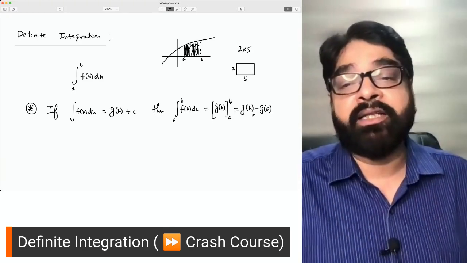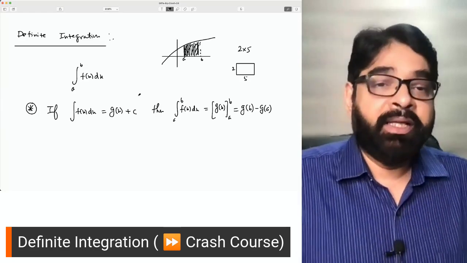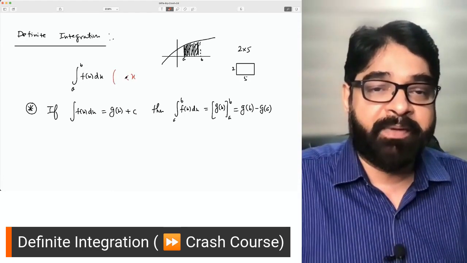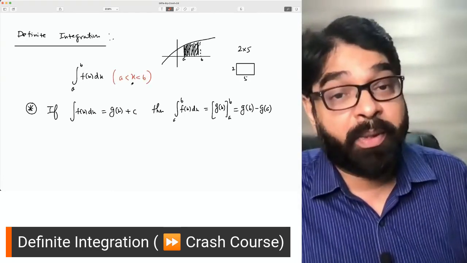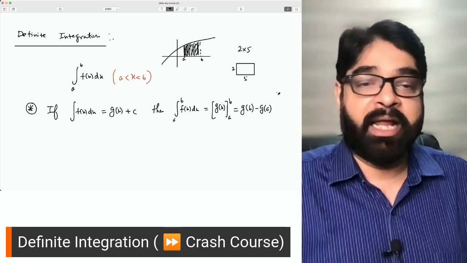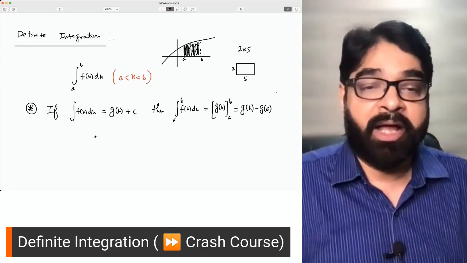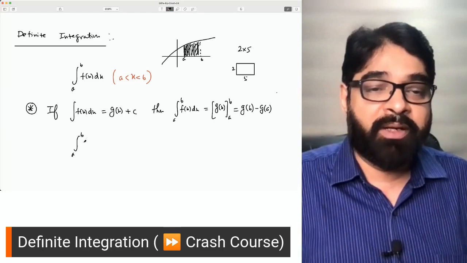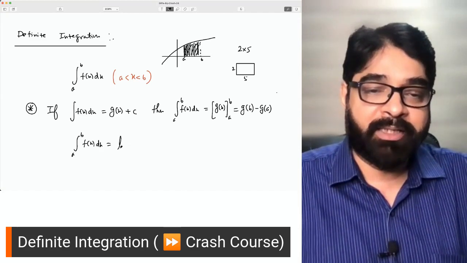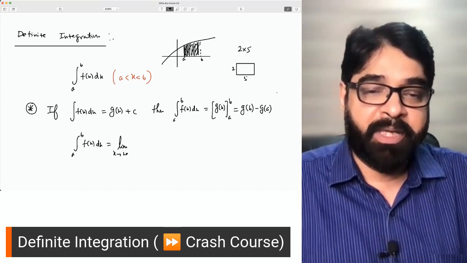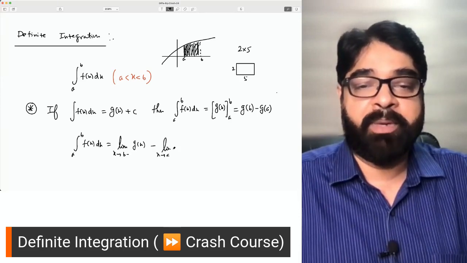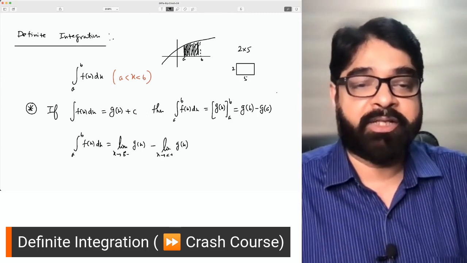But it's not necessary that g(b) and g(a) are always defined. Careful everybody, this indicates x is between a and b. x is never equal to a, never equal to b. This point you should be very clear about. So what will happen if g(b) or g(a) is not defined? The actual formula is limit x approaches b minus of g(x) minus limit x approaches a plus of g(x).